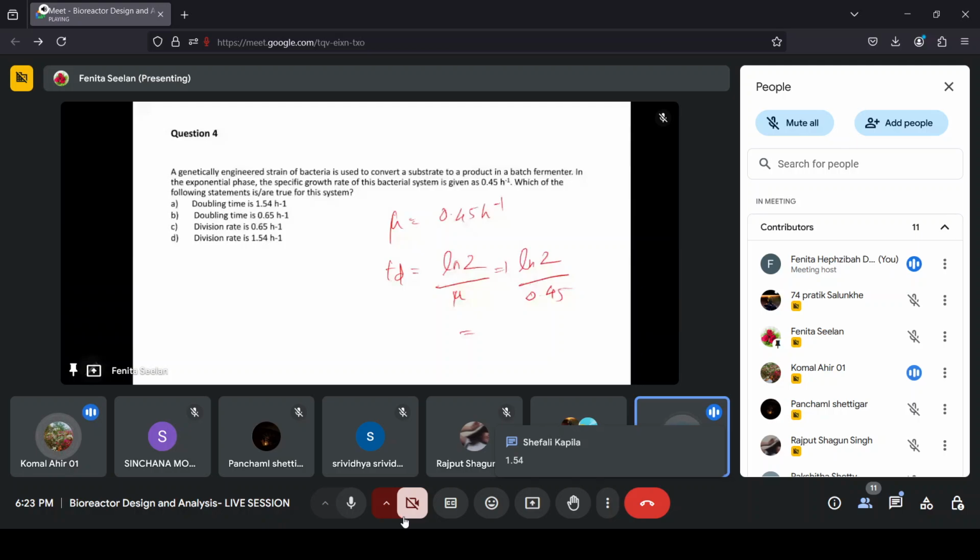Yes, Shivali, you are right, doubling time is 1.54 per hour. So the answer for this is doubling time is 1.54 per hour. What about the division rate?